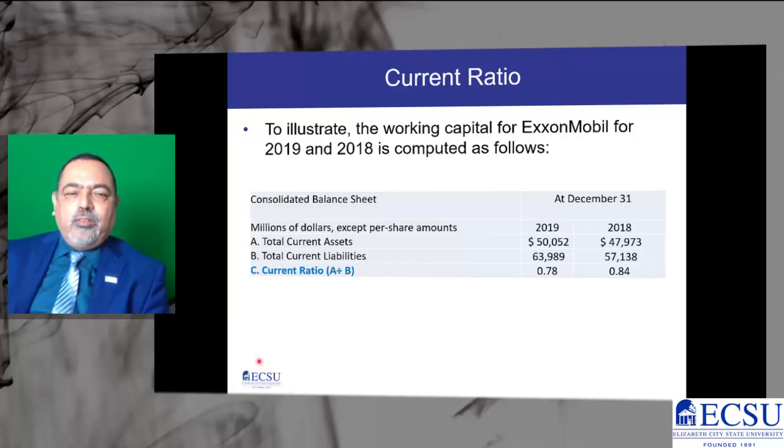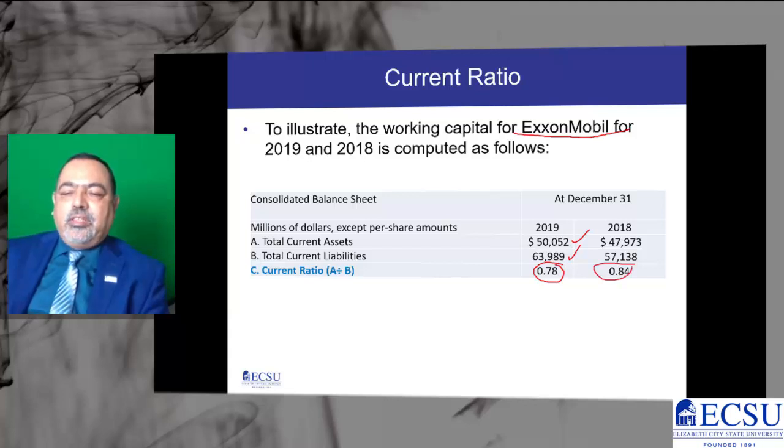Now, how do you calculate? Again, taking Exxon Mobil's example, I'm going to demonstrate that calculation. As you can see, we have already seen these figures. So we are taking a ratio of these two figures, and getting a ratio of 0.78.